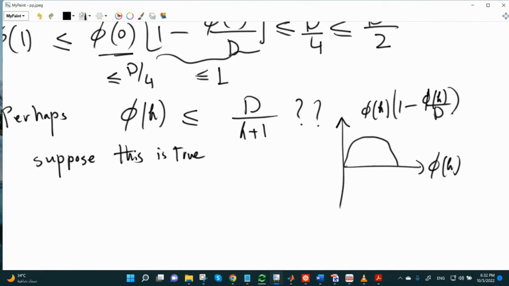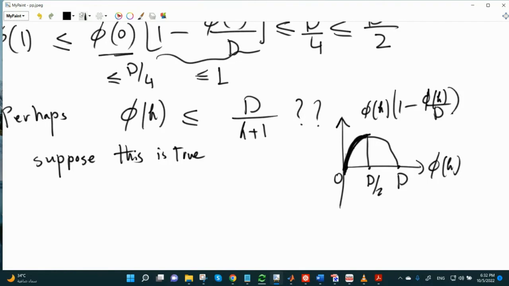So this thing is like this, right? It is 0 at 0, and when phi k is d, this is 0. And then it peaks here at d over 2. And so this transfer function between phi k and phi k times (1 minus phi k over d) is monotonic. We are basically working on this part.